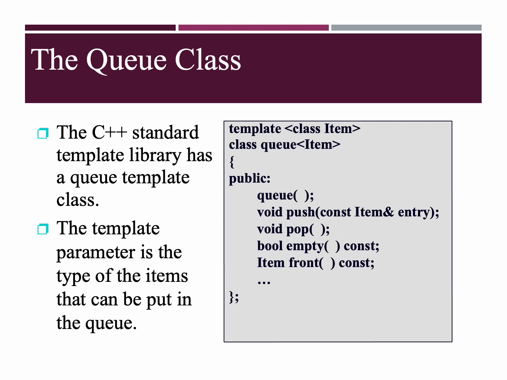So if you call the queue class inside the template, then we can have a constructor to create a new queue. Then we can have push, where we can add an item to the rear of the queue, and then pop, which removes the front item from the queue.